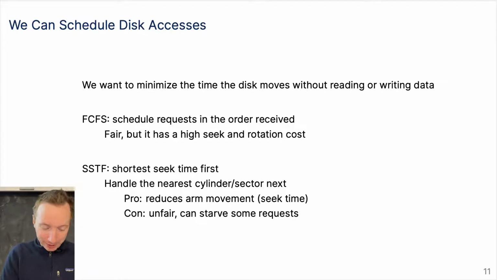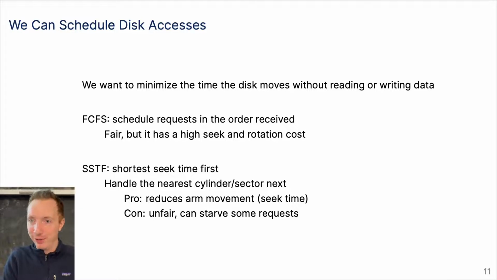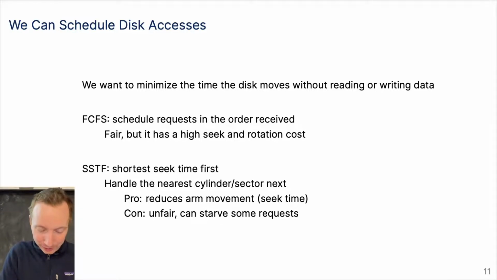Okay, and the fun thing about this too is we can schedule them. So scheduling is still a thing here. You want to minimize the amount of time the disk moves without reading or writing data, and this mostly applies if you actually have access to all three coordinates.